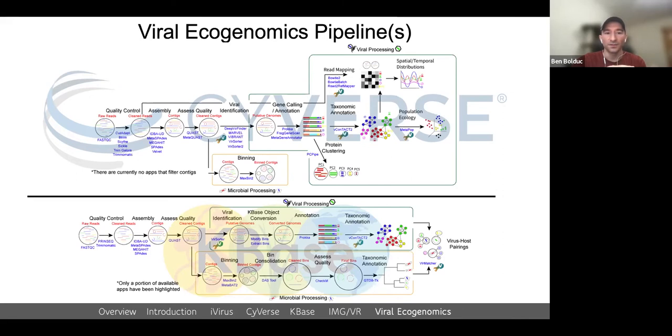Now we're going to go through these and talk about what each stage or step is available, and what you should be thinking about at each one of these stages.